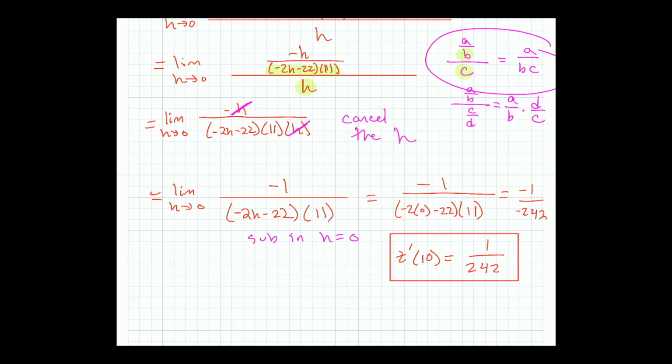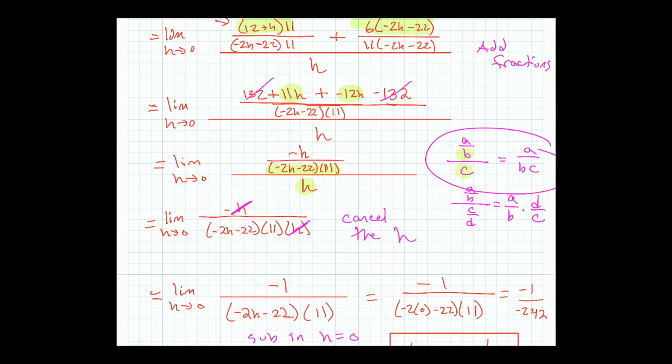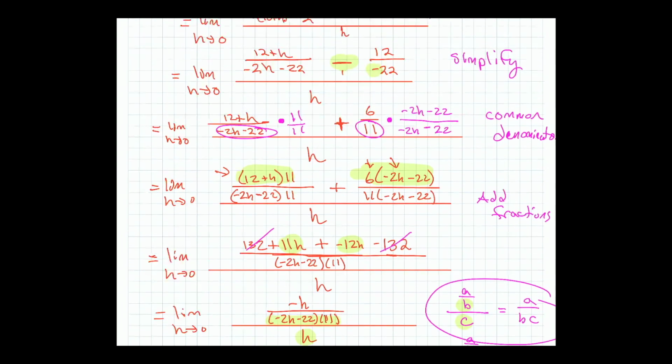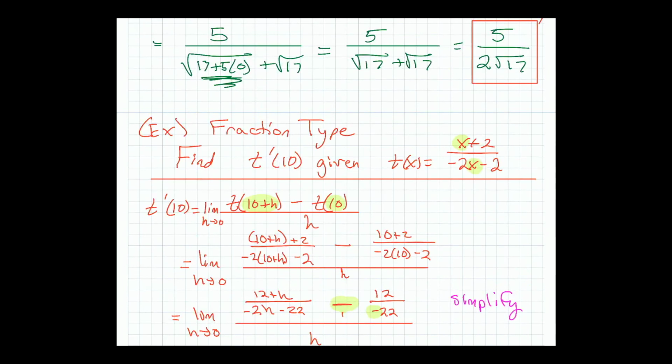It takes a lot of lines of work, and every line of work is really an opportunity for you to make a mistake. And so the longer the problem, just the more mistake prone it is. Keep in mind that you can check your answers on Wolfram Alpha very easily.